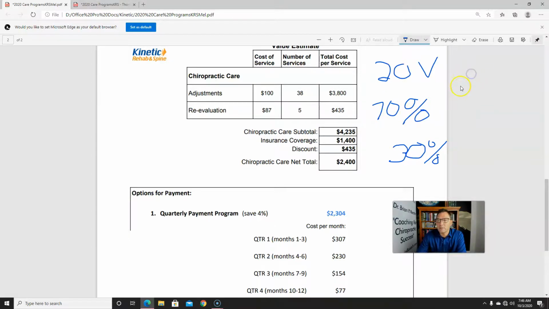So you got $70 times 20. 20 visits covered of the 38. 20 times 70 is $1,400. You're giving them the $435 discount off the re-exams. Now you come up with $2,400.